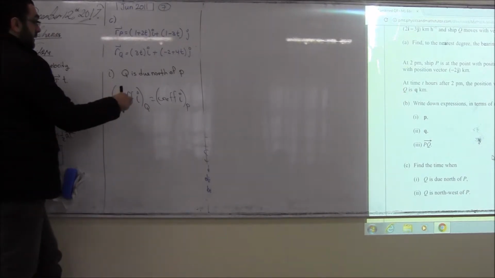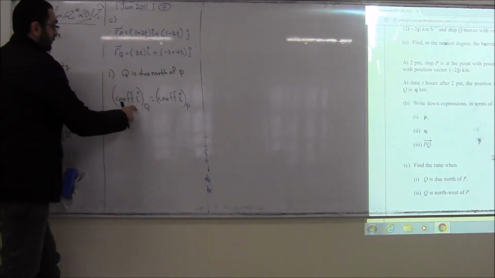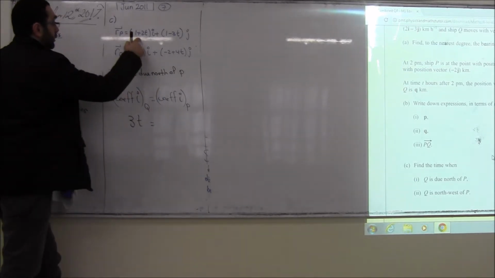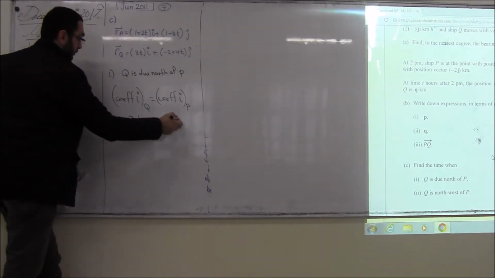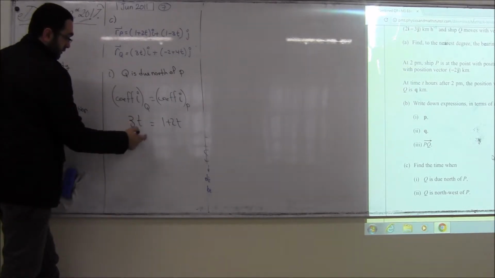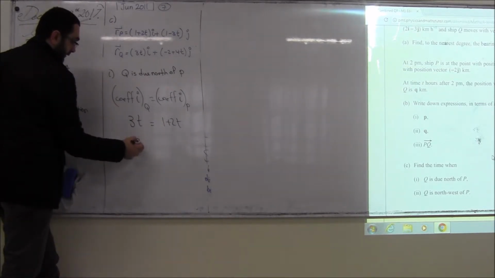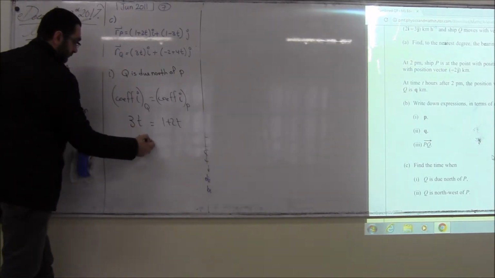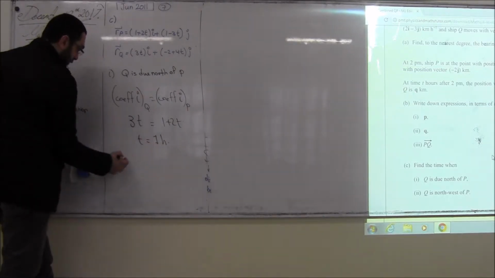The coefficient of i for Q is 3t, equals 1 plus 2t. So t equals 1.